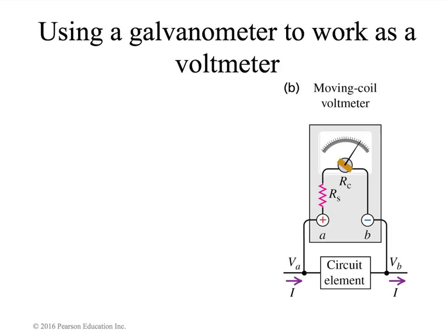If we want to use a galvanometer as a voltmeter, what we do is we're going to connect a resistor in series with the galvanometer.